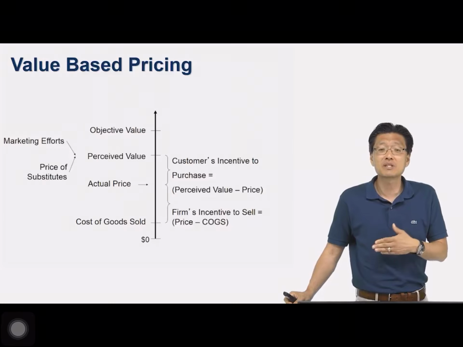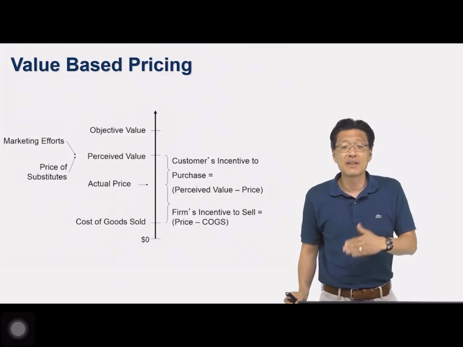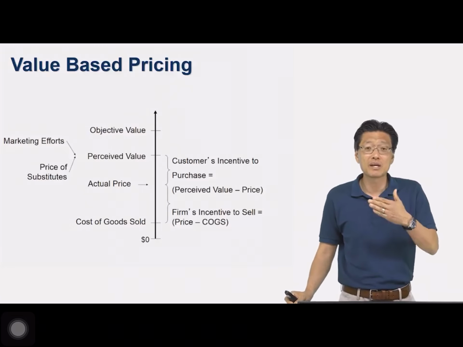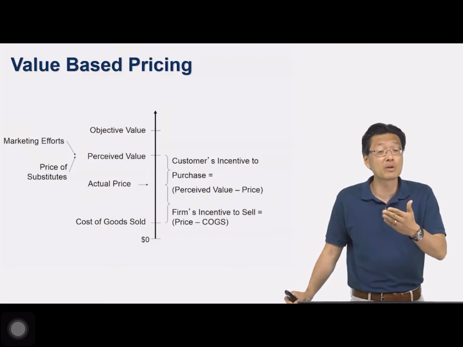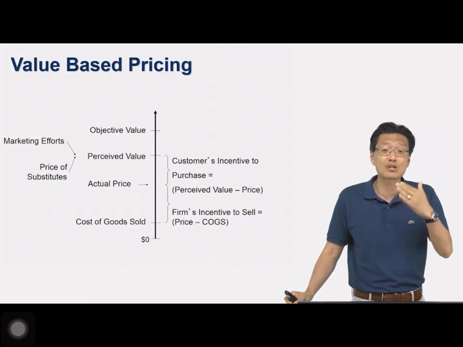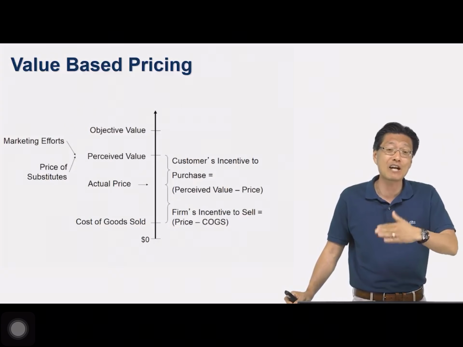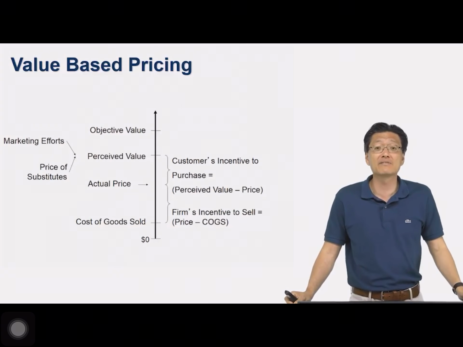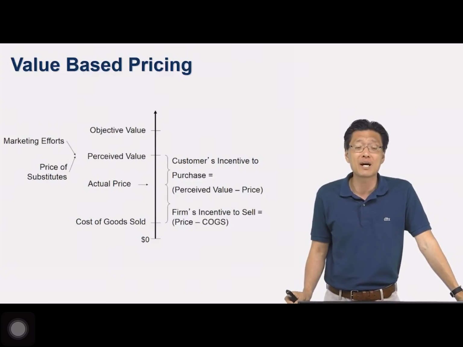Because if perceived value goes up, customers will be more willing to pay a higher price, which implies that the company will actually be able to charge a higher price. So the actual price will also be elevated when perceived value goes up.